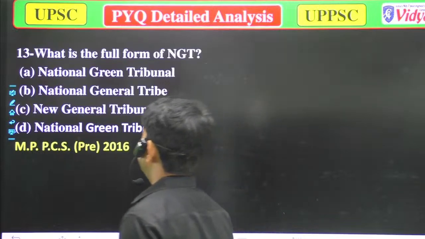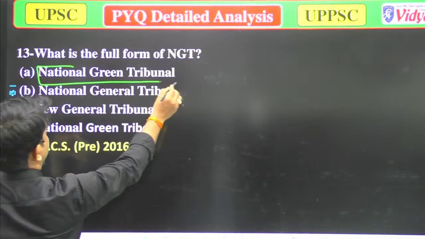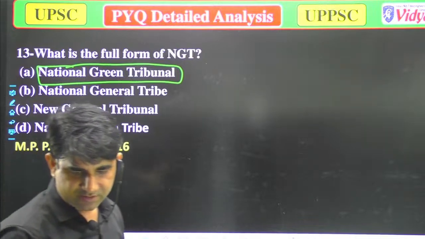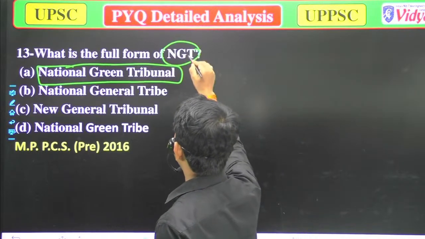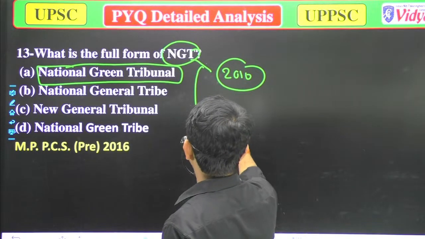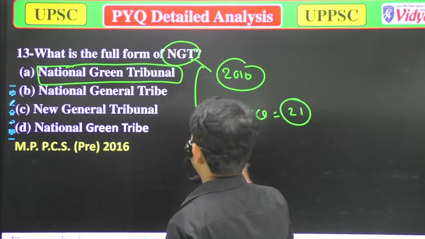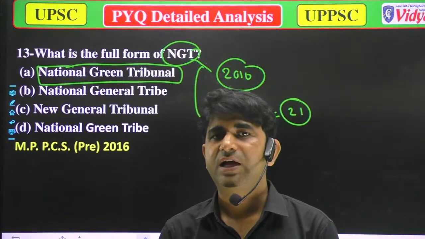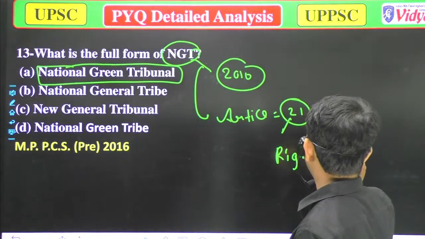So the full form of NGT is National Green Tribunal. It is option 13A. Well done. The NGT was established in 2010 at New Delhi to save Article 21, because Article 21 of our Indian Constitution tells us about the right to life, the right to live.